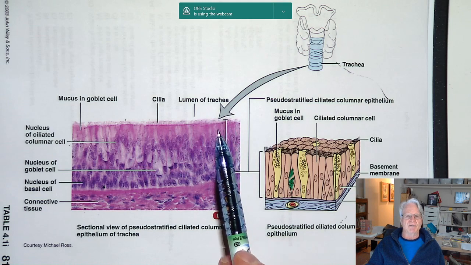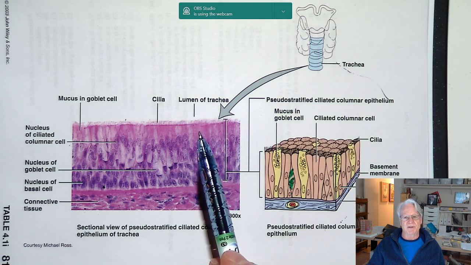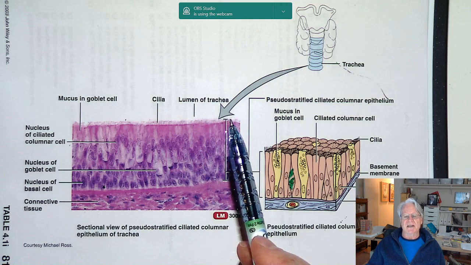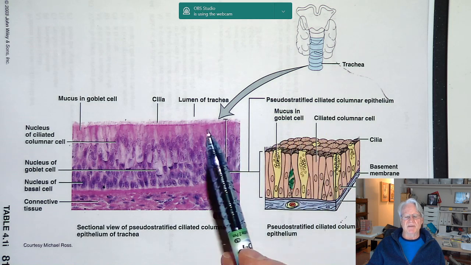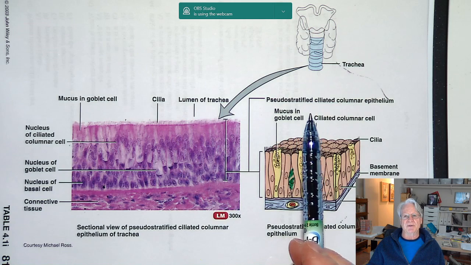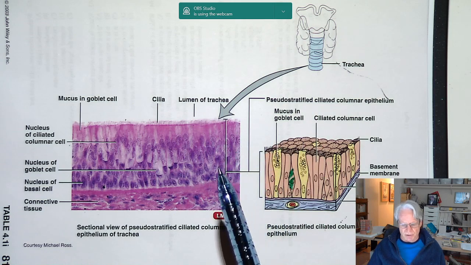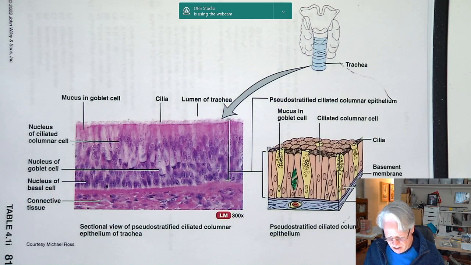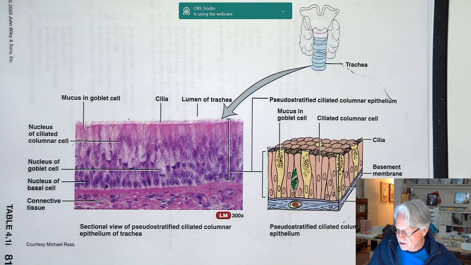You'll learn about that when you do the respiratory system, which is in 40B. So we have this constant beating of cilia that allows the movement of that mucus up and out of the respiratory system and up towards your mouth. Okay, so that is the story on pseudostratified.